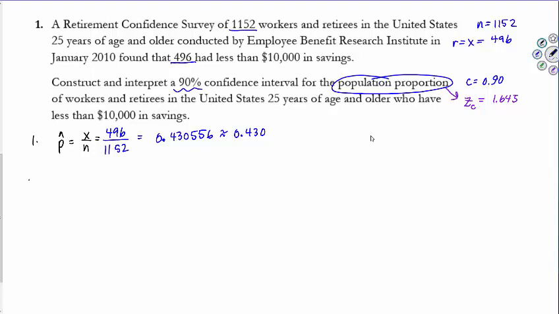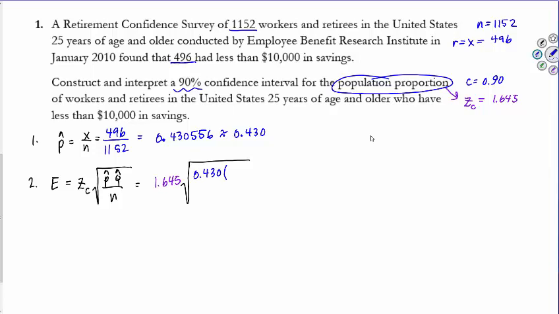Second thing we have to cook up is the error margin for this given level of confidence. So the critical value of z times the square root of p hat times q hat divided by n. We found the critical value of z as 1.645. P hat, we use 0.430.